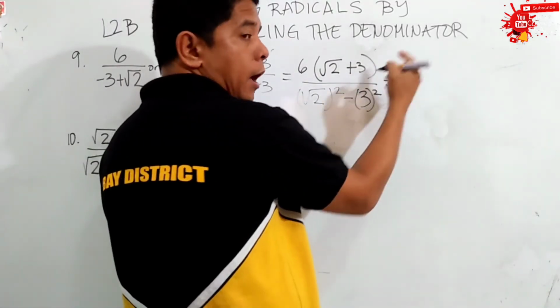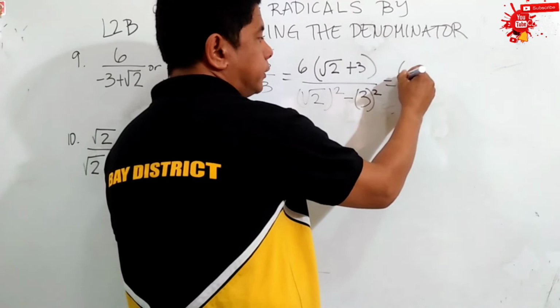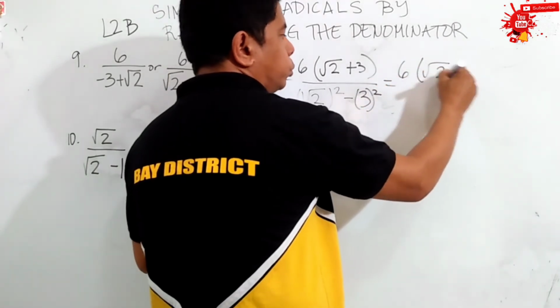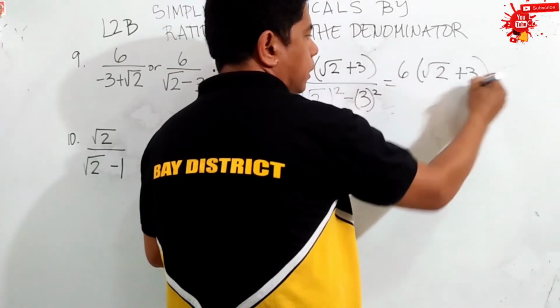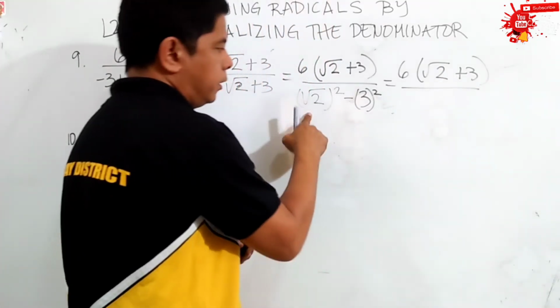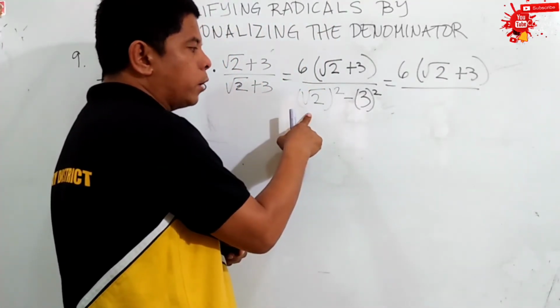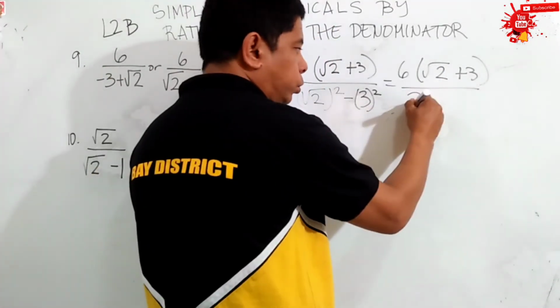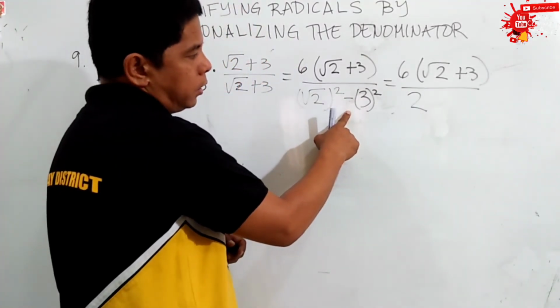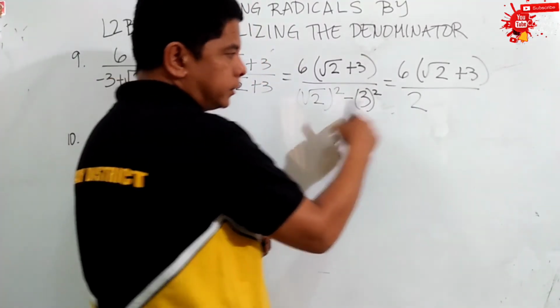Then, continue lang. Copying lang ang numerator. 6 times the square root of 2 plus 3 over the square root of 2 squared, that is 2, minus 3 squared is 9.